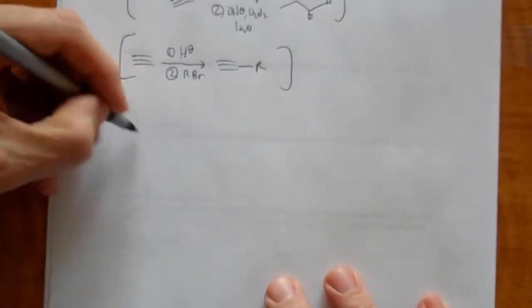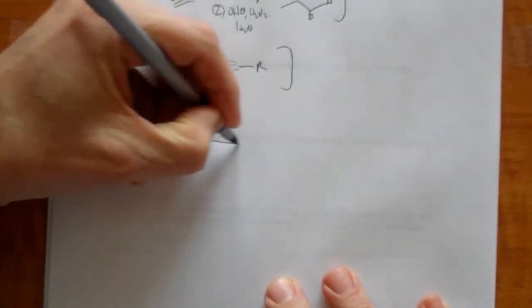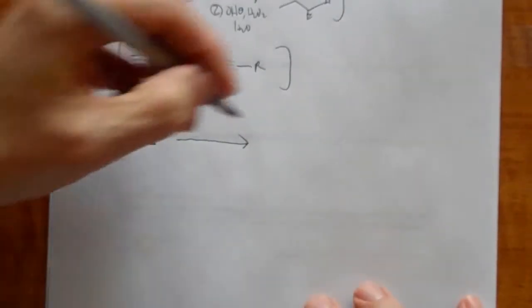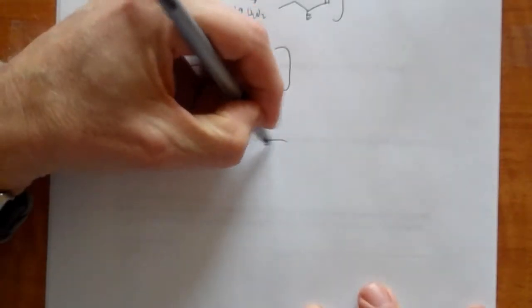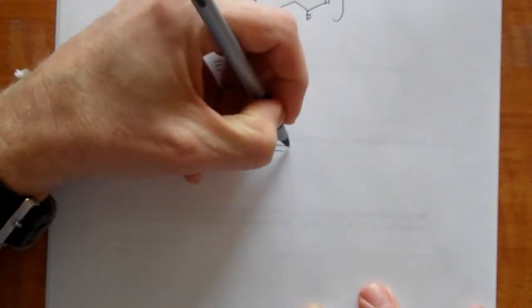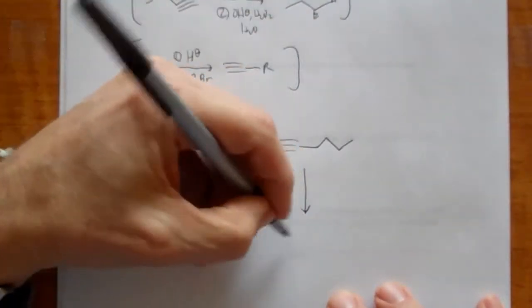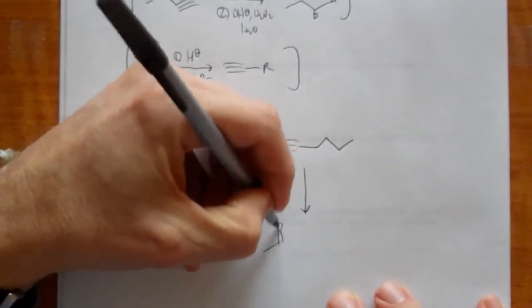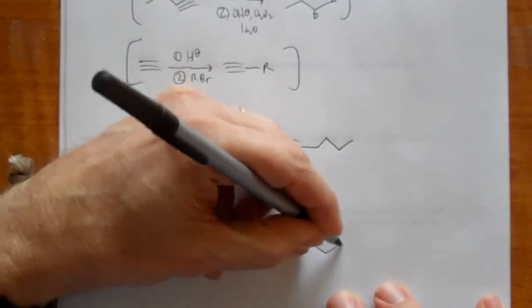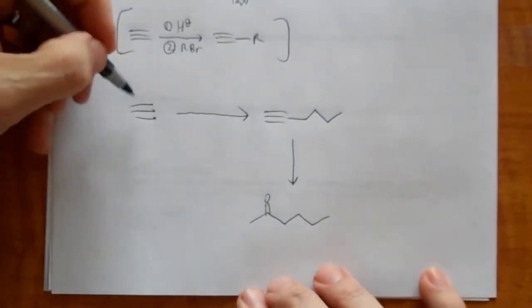Let me redraw it down here. Goes to 1, 2, 3, 4, 5, 6, and that goes to 1, 2, 3, 4, 5, 6, which is the same thing as I have up here. Okay, and that's our synthesis problem for this.